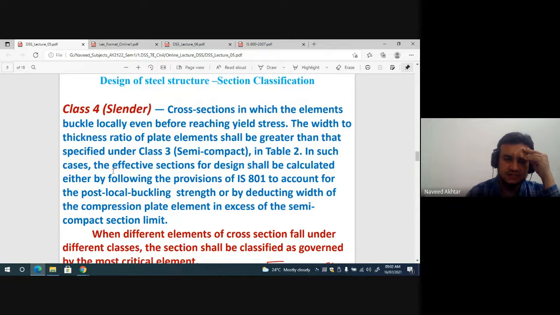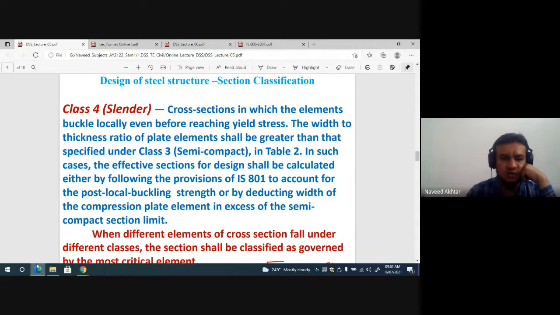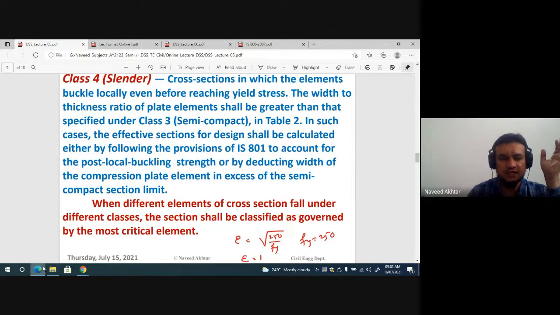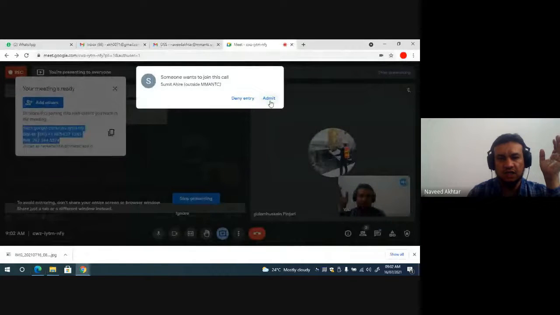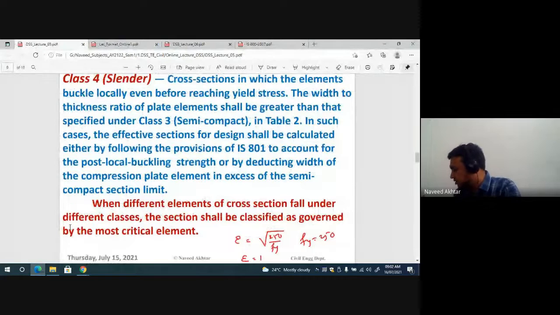In such cases, the effective section for design shall be calculated either by following the provisions of IS 801 to account for the post-local buckling strength, or by deducting the width of the compression plate element in excess of the semi-compact limits. We are bringing the slender section into the semi-compact limit like this.